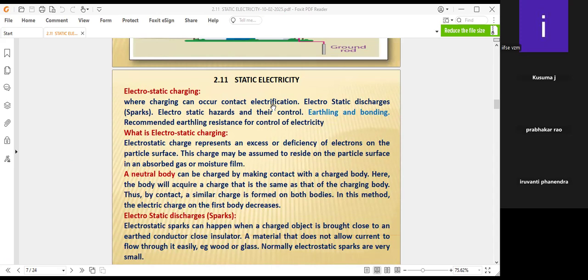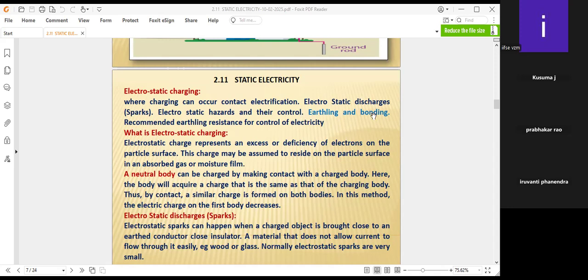Charging means that once a source of electricity is there, then contact electrification happens. Your mobile is charged when it is connected to the charger and the charger is plugged in. Electrostatic discharge, that is ESD, electrostatic sparks, electrostatic hazards and their controls will all be discussed in the coming slides.